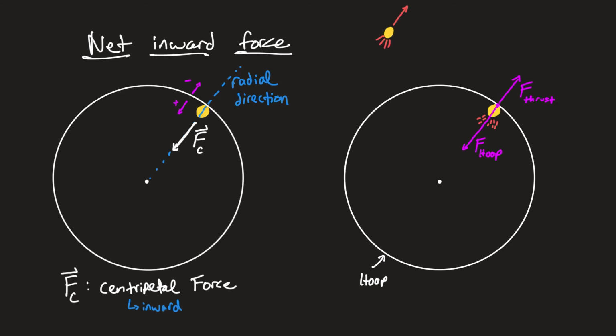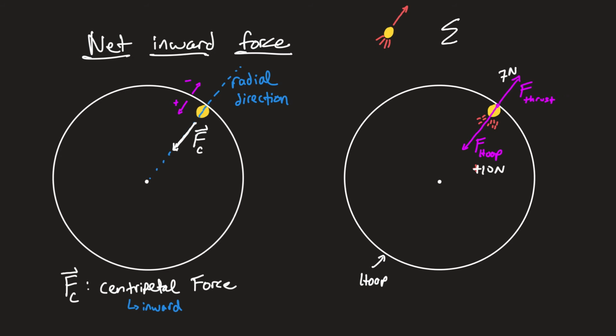To put numbers on it, maybe this is positive 10 newtons, and maybe this one over here is negative, I'll just put the magnitude, 7 newtons. Then we map the coordinate system: positive is inwards and negative is outwards. We can now calculate the net amount of force. Let's do it together, and let's also throw in some important terminology.